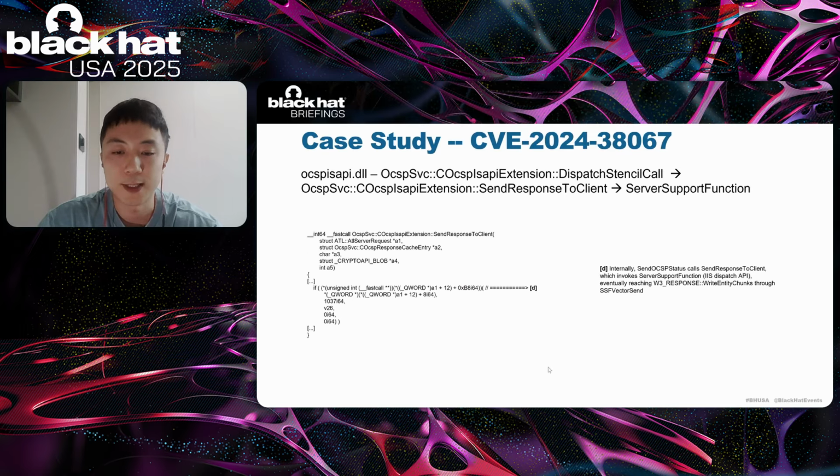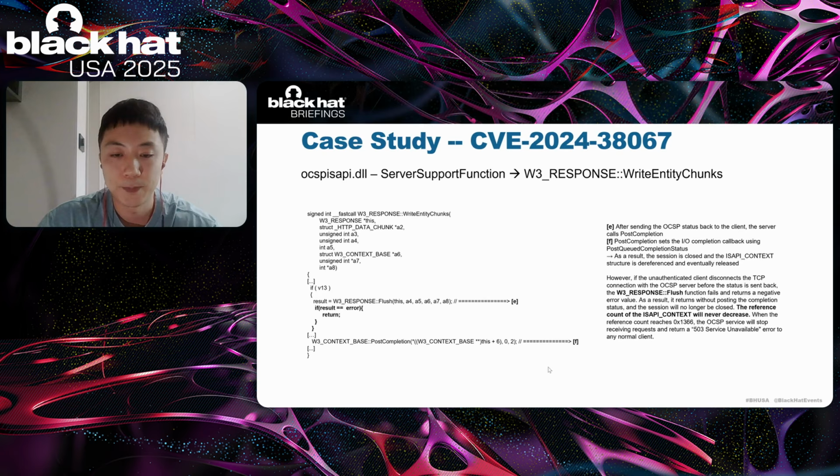So finally, OCSP calls the server support function within the send response to client function to send the HTTP response. In the branch of the server support function, the server first calls the flush function. Finally, in the post-completion function, the reference count of the IIS API context is decreased.